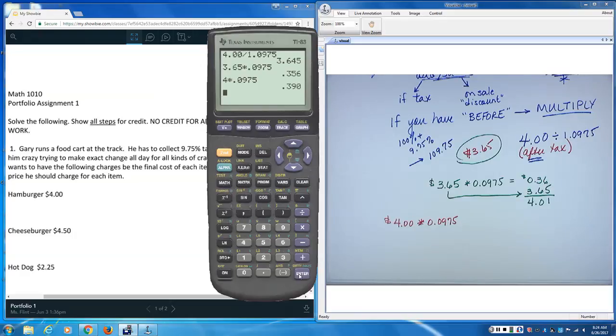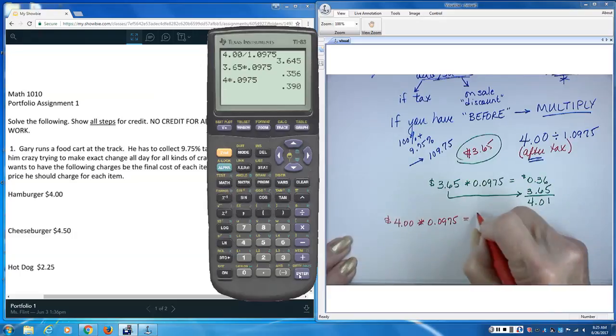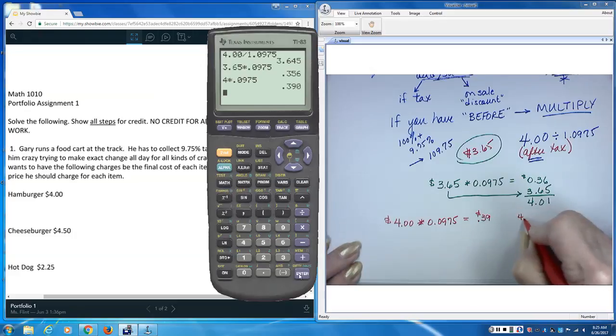You come up with 39 cents tax. And if it's 39 cents tax, then $4 minus that 39 cents gives you 361, and you think, well, okay, that's smaller, so that sounds right.